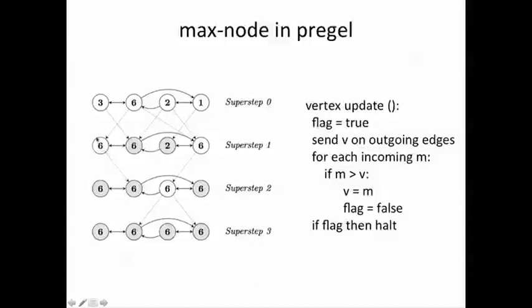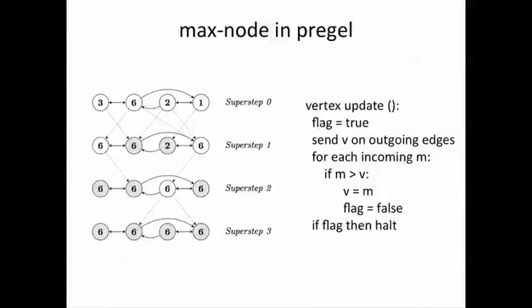So 1 sends its value to 6, and 6 does nothing with it. 6 sends its value to 2, which now wakes up because it was halted, but it got an incoming message, so it wakes up in the next super step and checks that yes, it did get a new value, so it becomes 6, and then it sends its value out to its outgoing edges, which doesn't do anything over there. So at the end, all the vertices are still halted.